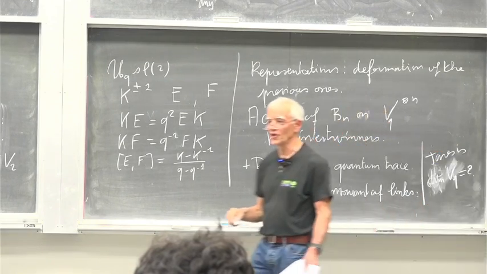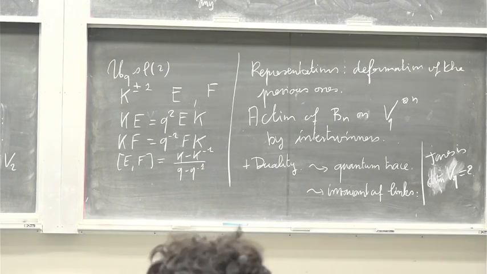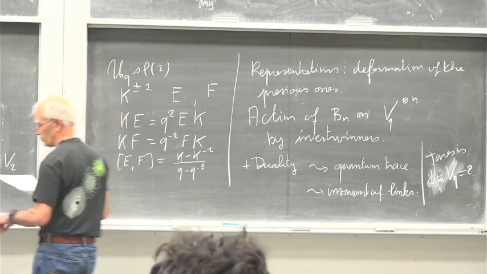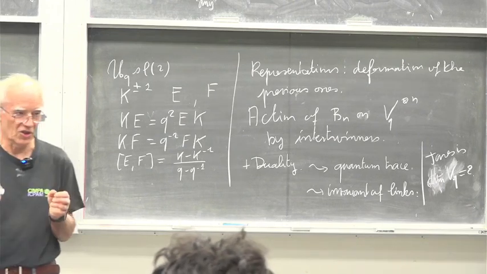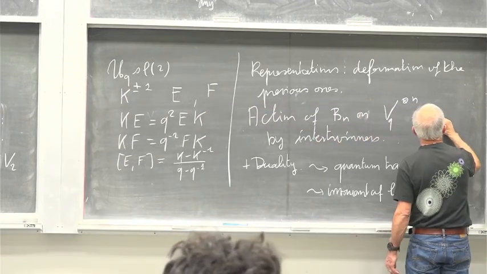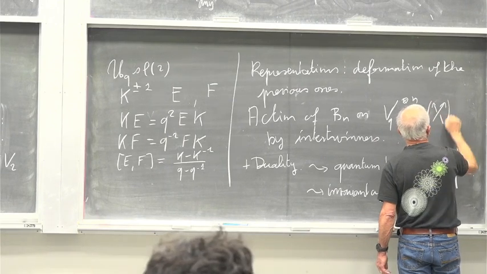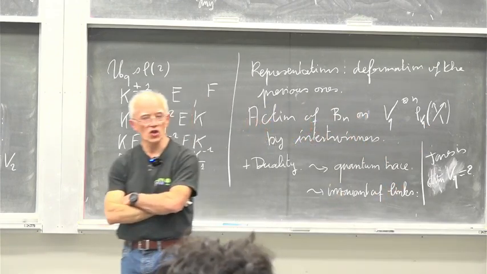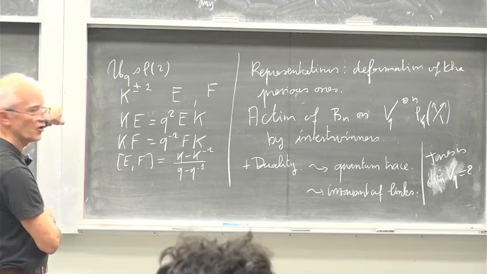But you can do this not only for SL2, but for all these quantum groups. The tool for this is a kind of magic trick, which is the fact that when we want to do rho VQ of this guy, this will come from the action of an element of UQ times 2.